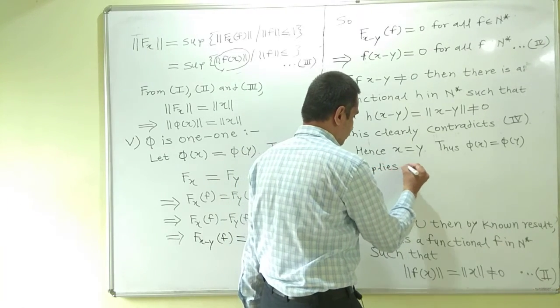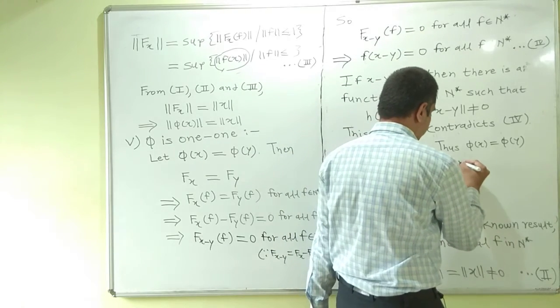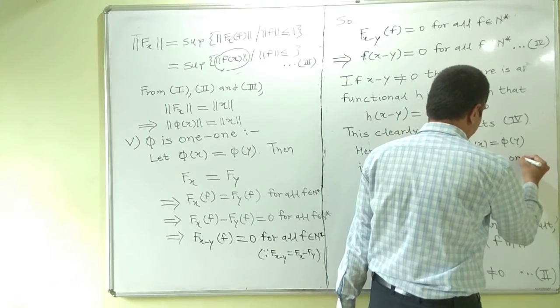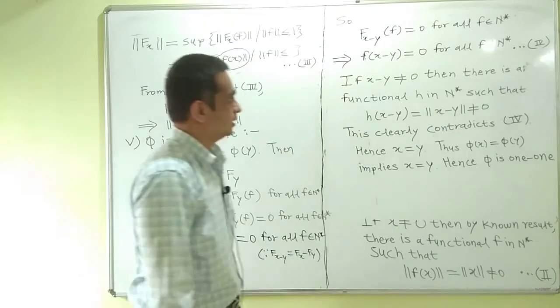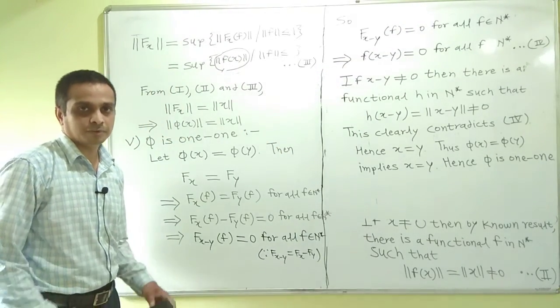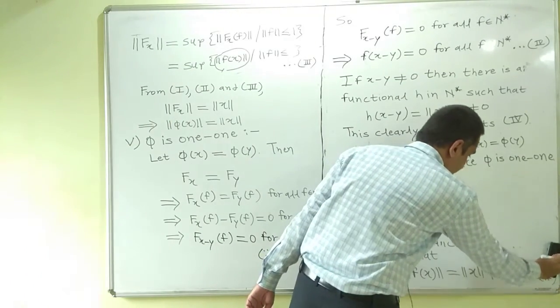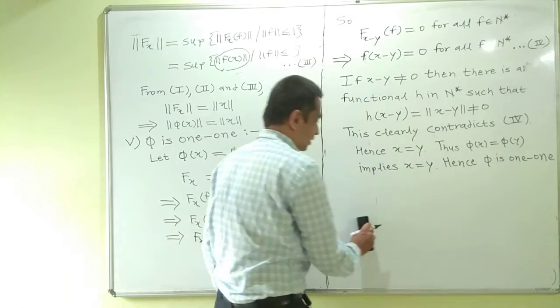Hence, phi is 1-1. So this completes the proof of the fact that n is isometrically isomorphic to a subset of n star star.